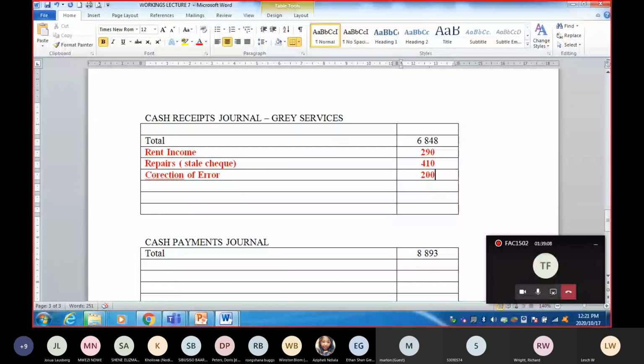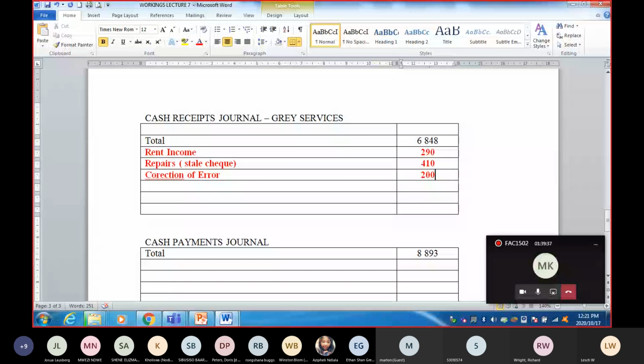We're back onto additional information. Number 4. Check number 828 was mislaid by the municipality and the bank was notified to stop the payment. No entries were made to record this now. So if the check must be cancelled, we stop the payment of the check, which means that whoever picks up that check can't do anything with that check.